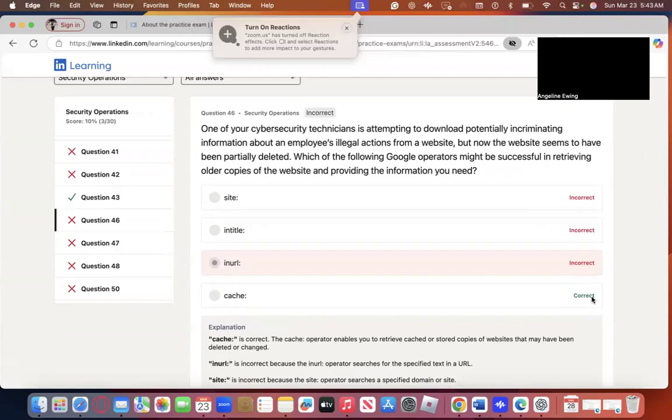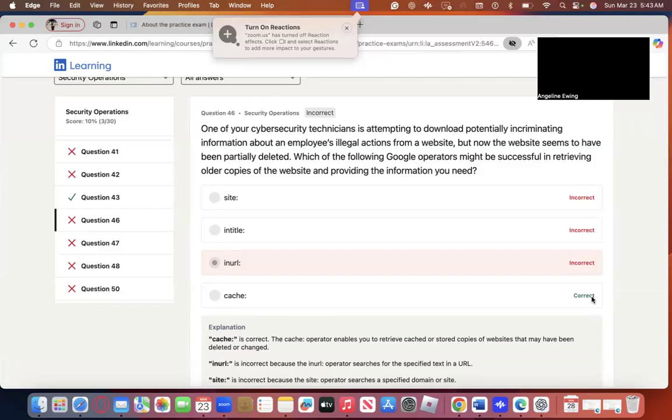One of your cybersecurity technicians is attempting to download potentially incriminating information about an employee's illegal actions from a website, but now the website seems to have been partially deleted. Which of the following Google operators might be successful in retrieving older copies of the website and providing the information you need?